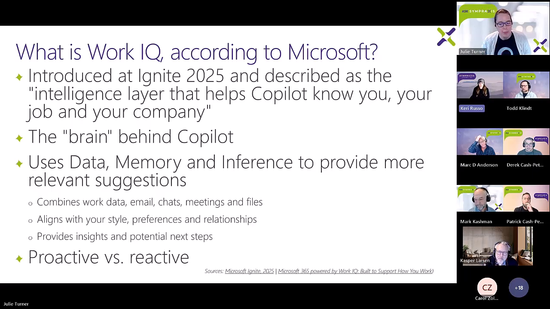It's not just retrieval anymore. It's a bit more reasoning. So how is it framed to do that? Using these three pillars that they keep mentioning: data, memory, and inference. And Julie, I know you're going to explain this a little more in a future slide, thank God, because I was having trouble trying to explain it to myself.